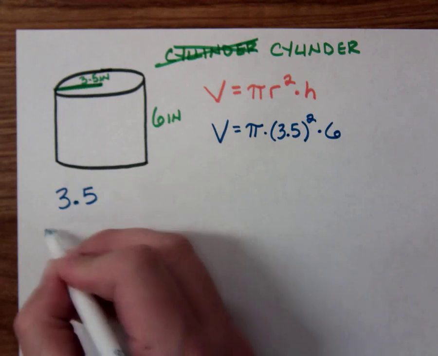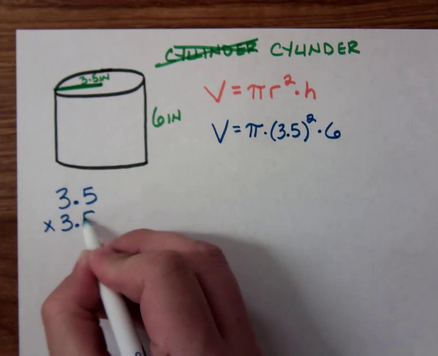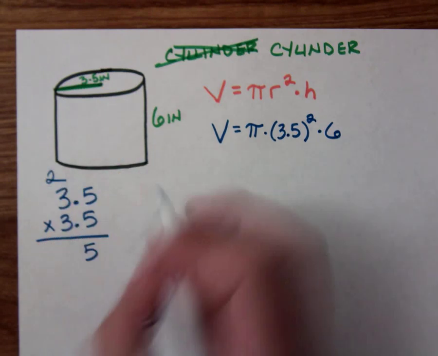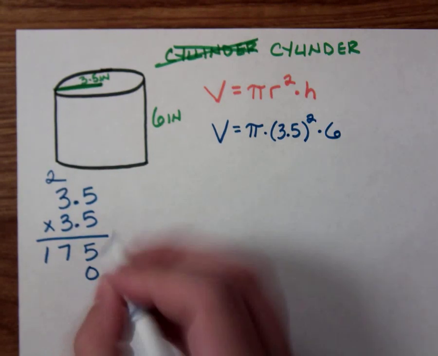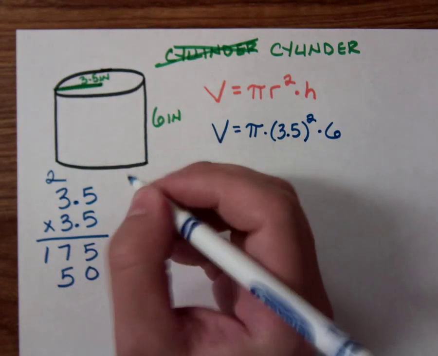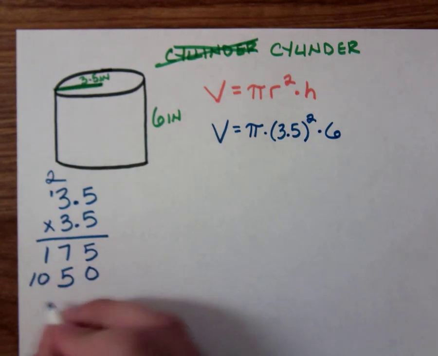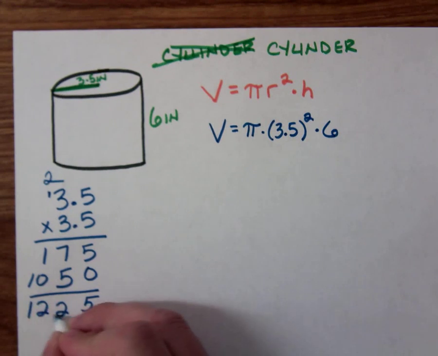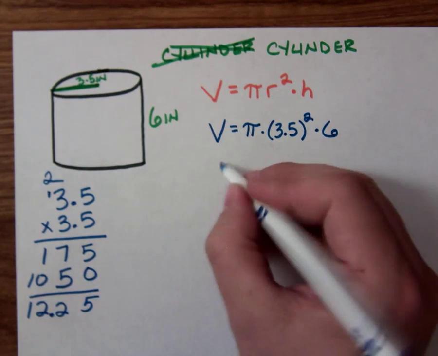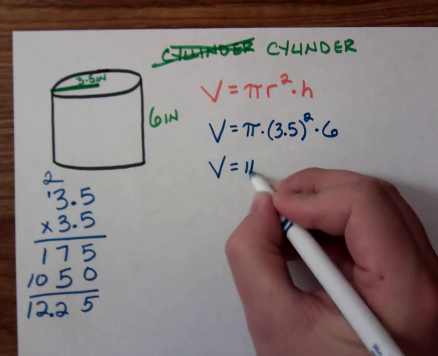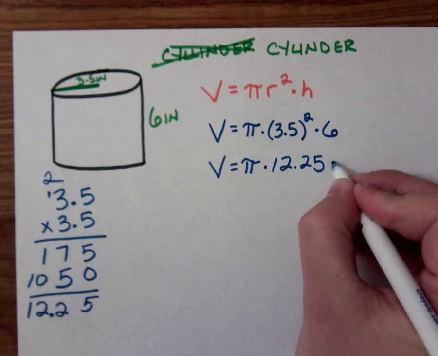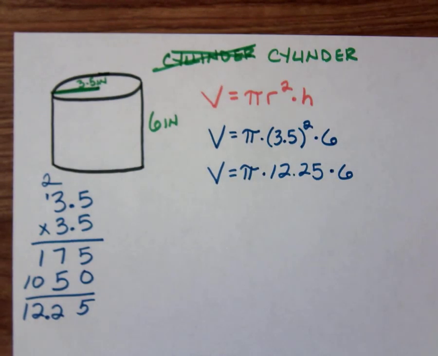So I got to do the 3.5 squared first. 12.25? Great. You are required by the laws of Aunt Sally to do exponents before you do multiplication.